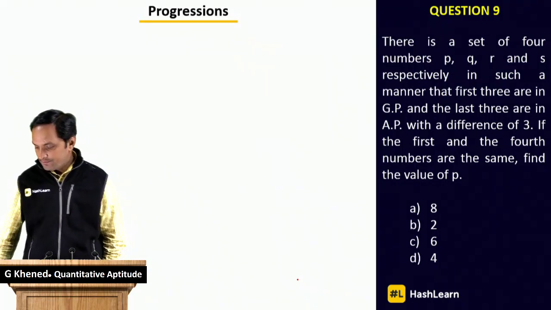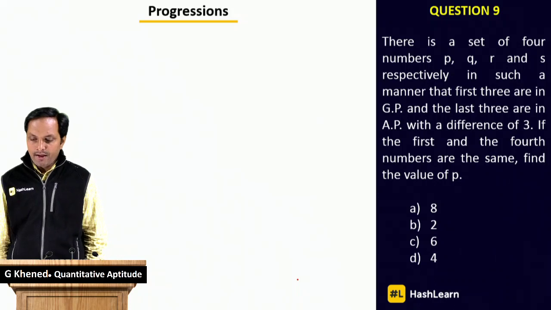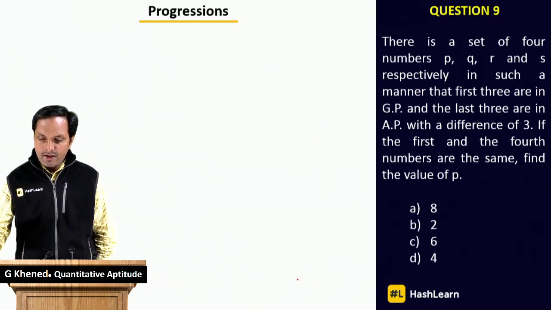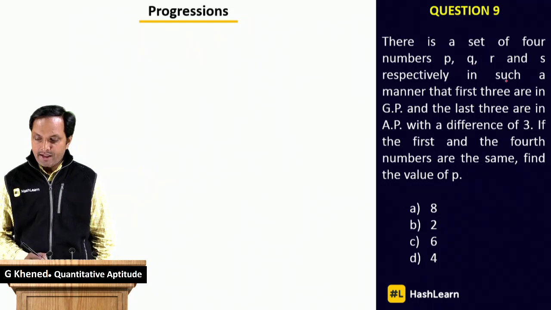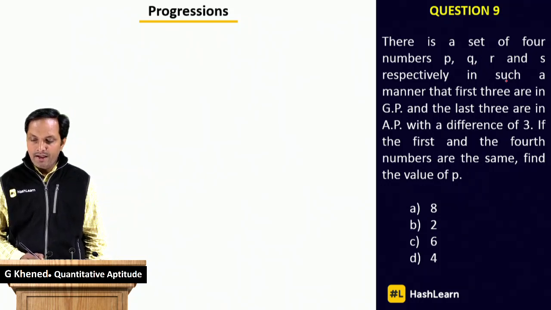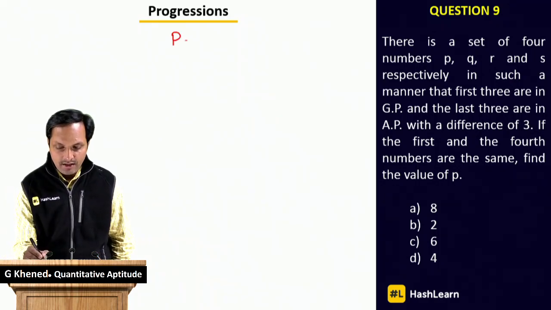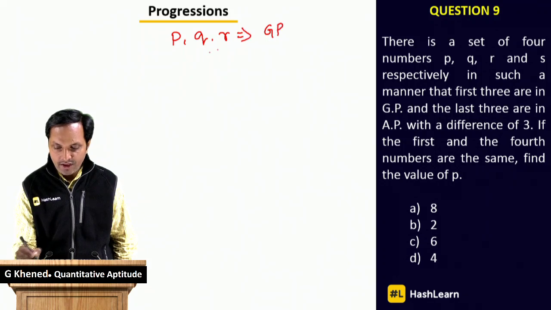So here you should be very clear in understanding the things. There are 4 numbers P, Q, R and S respectively in such a way that the first 3 terms are in GP. So P, Q, R are in geometric progression.